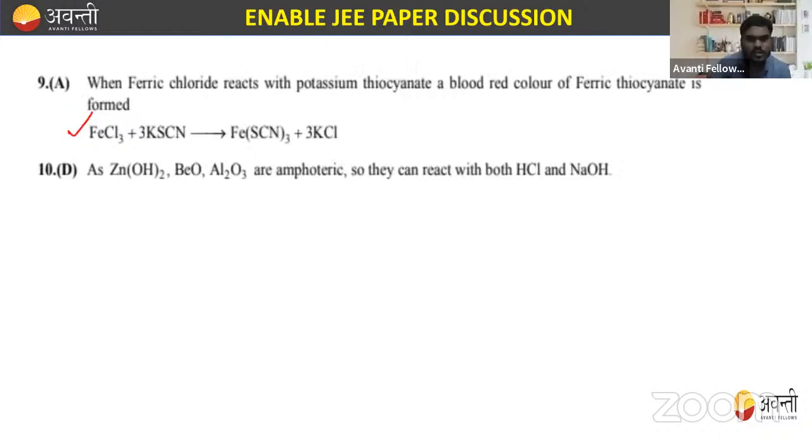Now, when ferric chloride reacts with potassium thiocyanate, we already discussed this, and this is the equation. You must remember, beta.